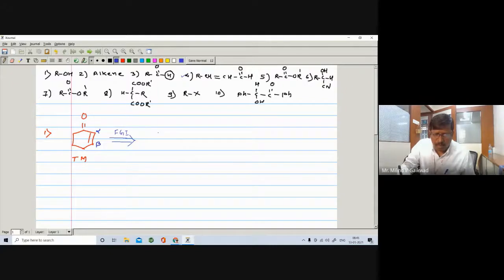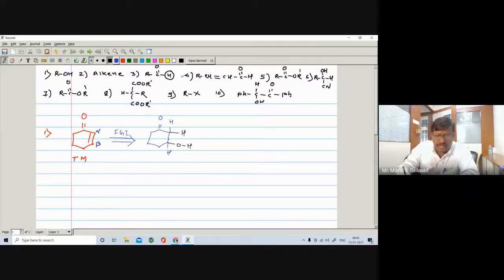You can prepare it from the beta hydroxy carbonyl compound. Here is a double bond, so you can add water. There is a H already, also there is a H already, and you add water here. So addition of water takes place like this, H and O and H. So it is an FGI, functional group interconversion.